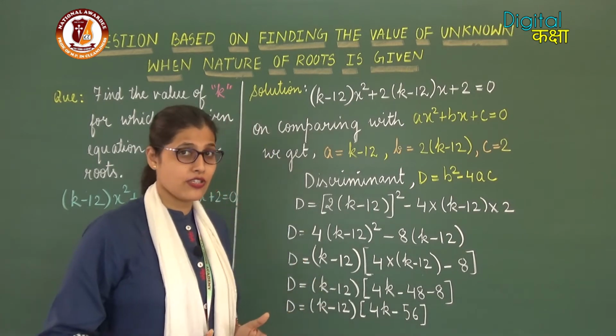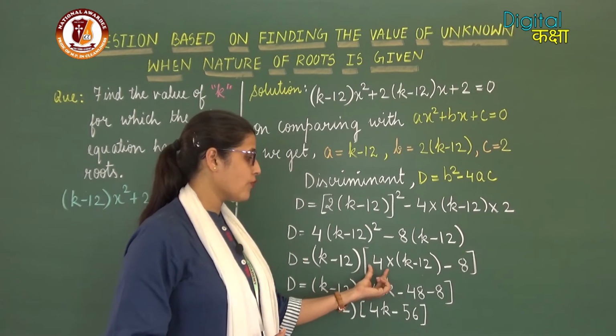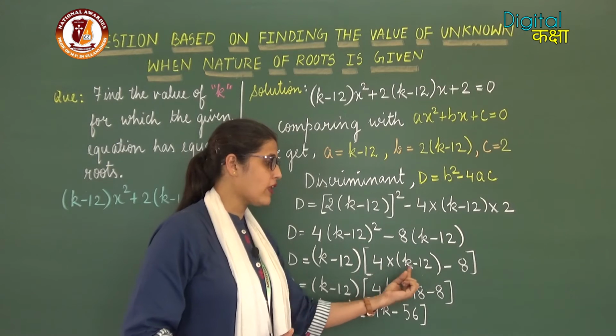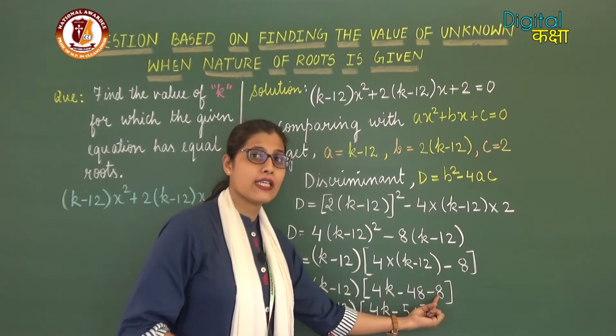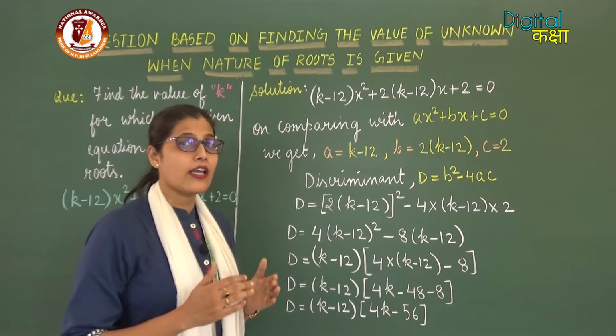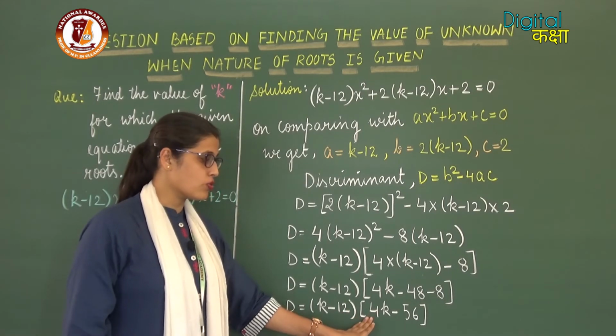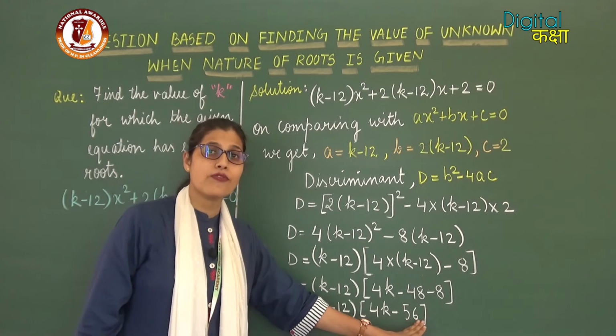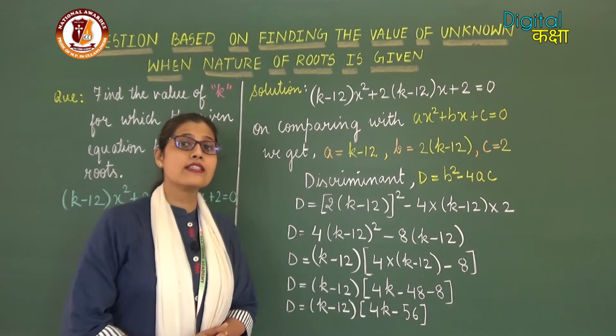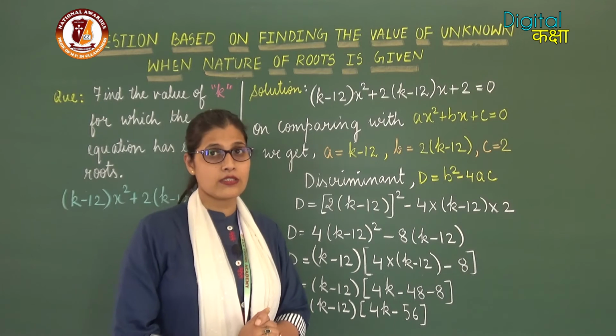On simplification, we will be getting 4k − 48 − 8, 12 fours are 48. In the next step, we will be getting (k − 12)(4k − 56). This is the value of the discriminant.